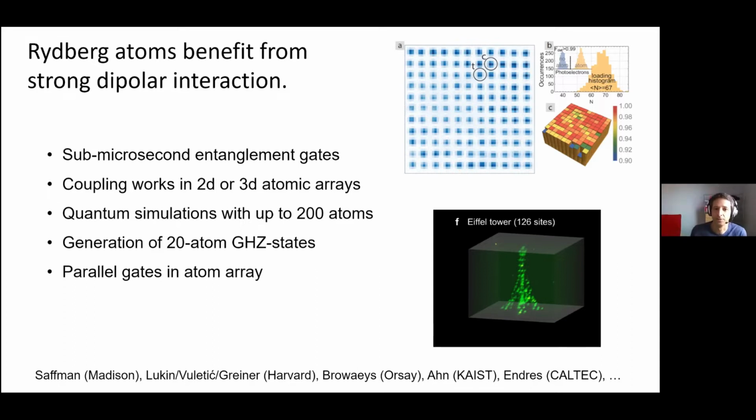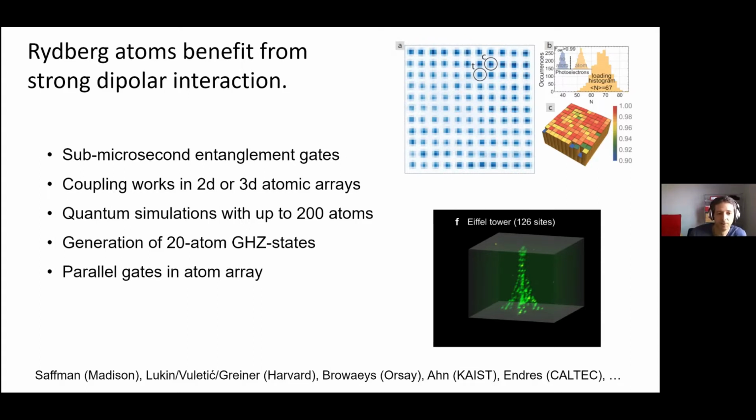They have 2D and 3D atomic arrays, in which they can couple the individual atoms next to each other. They can perform quantum simulations with up to 200 atoms, a recent experiment by Antoine Browaeys. They have also demonstrated the generation of a 20 atom GHZ state, which is very comparable to the trapped ion system.